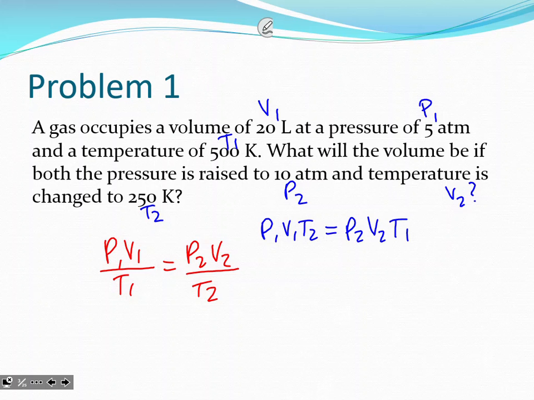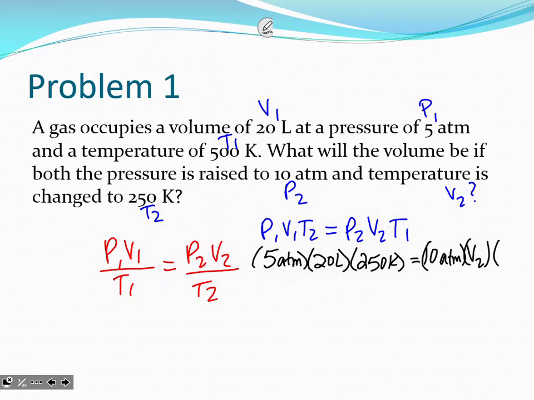So P1 is 5 atm, V1 was 20 liters, T2 is 250 K. Over here, P2 was 10 atm, V2 we are missing, and T1 was 500 K.